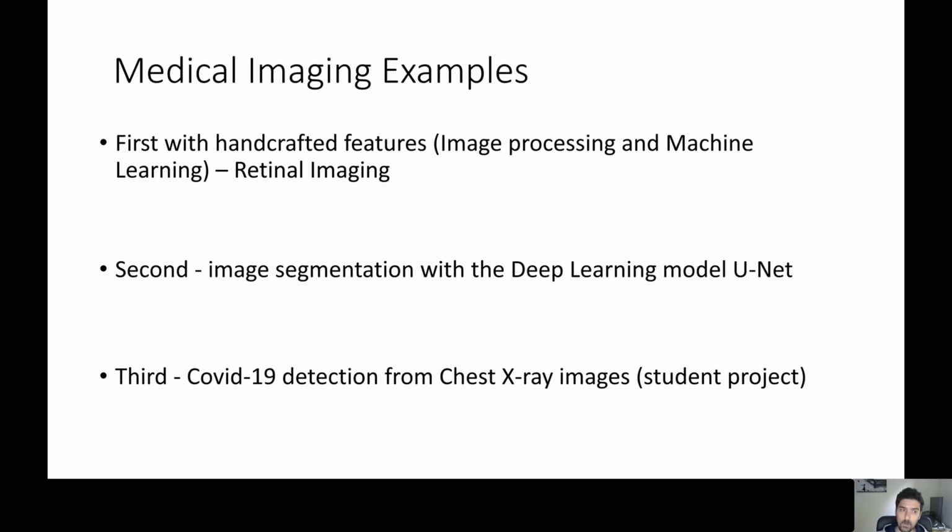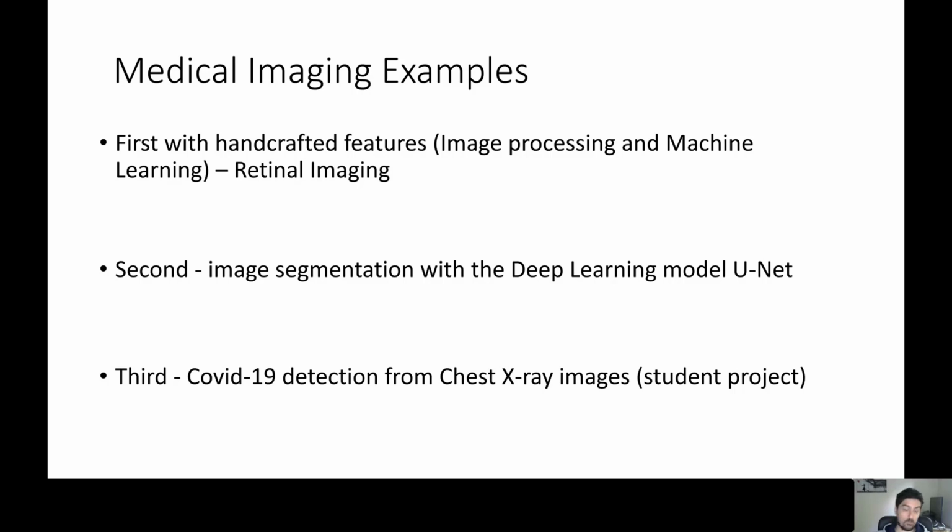So now, as we move on to the medical imaging examples, I thought that when we speak about machine learning and deep learning, it would be nice to give an example of a non-deep learning approach to medical imaging, which is the first example here, with retinal images.